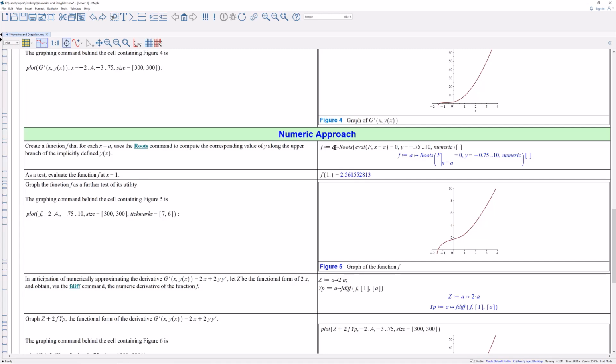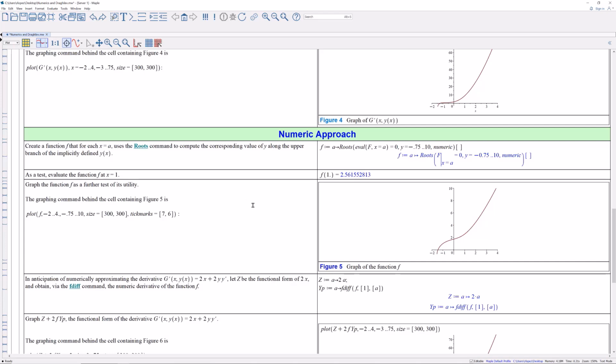And so here's my function. Pick a value of x, call that a, put that into the function f of x and y, and then solve that for y using the roots command. So this is a function that returns the value of y, given the value of x as an input. So check it. Does it work? So you plug in, for example, 0.1, and you get this number.